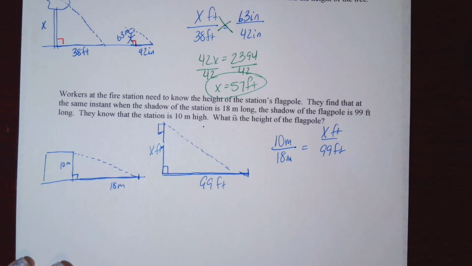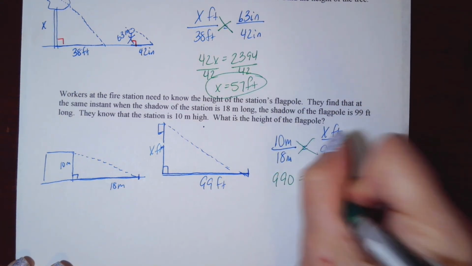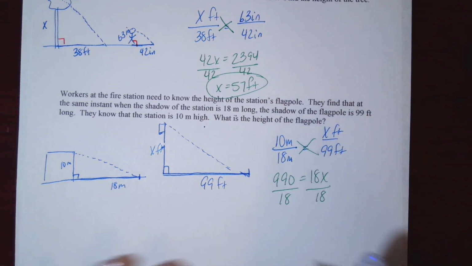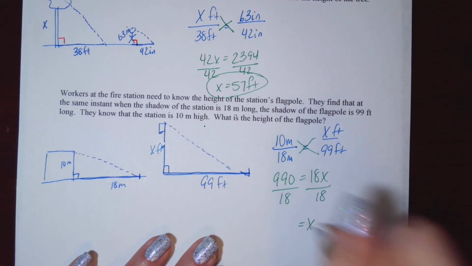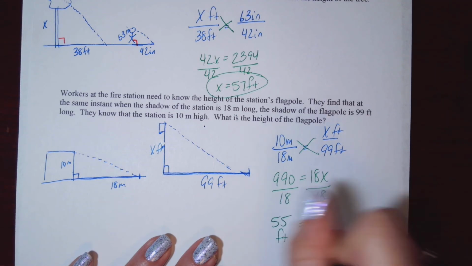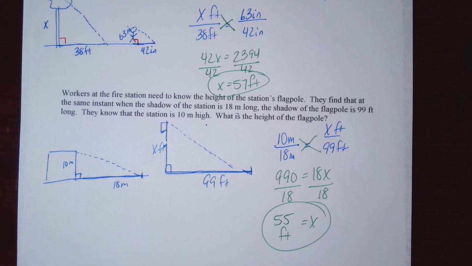Alright, solve a proportion using cross products. 10 times 99 is equal to 18x. And we figure out that our flagpole is 55 feet tall. Now, when you are doing application problems, make sure that you round if you're asked and that you always give units as appropriate.